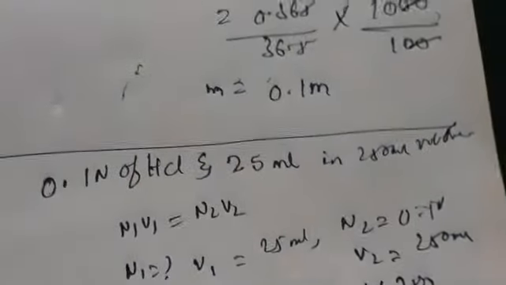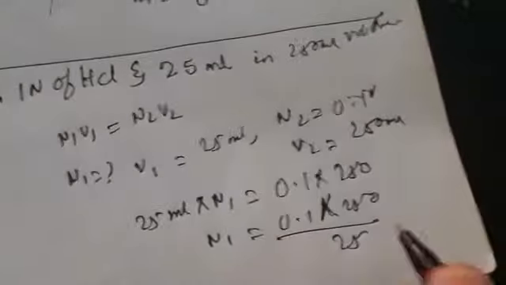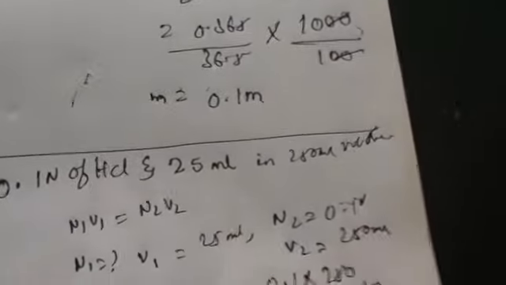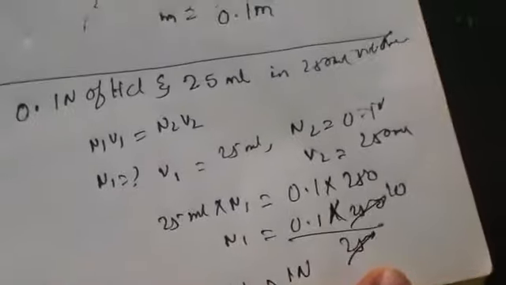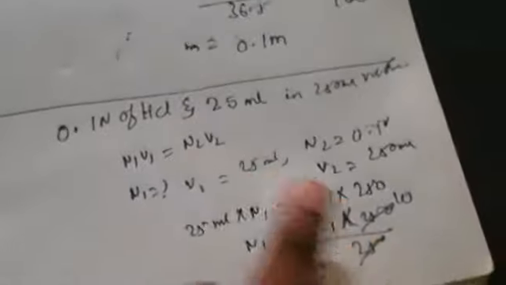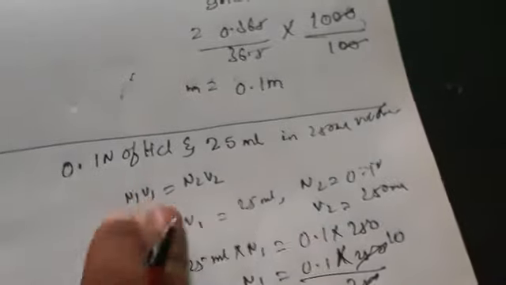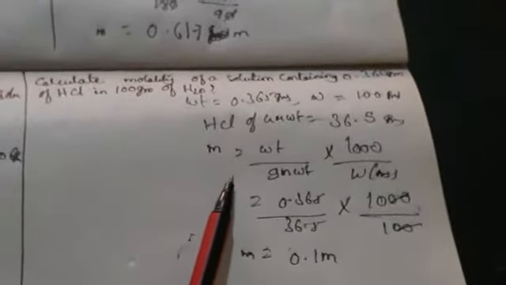So N1 equals 0.1 into 250 by 25. 25 ones are 25, 25 tens are 250, so 1 by 10. So N1 you will be getting is 1 normal. So this is the way to calculate normality also. This is also a formula of normality, if they are giving two solutions like this. And this is the calculation of molality.